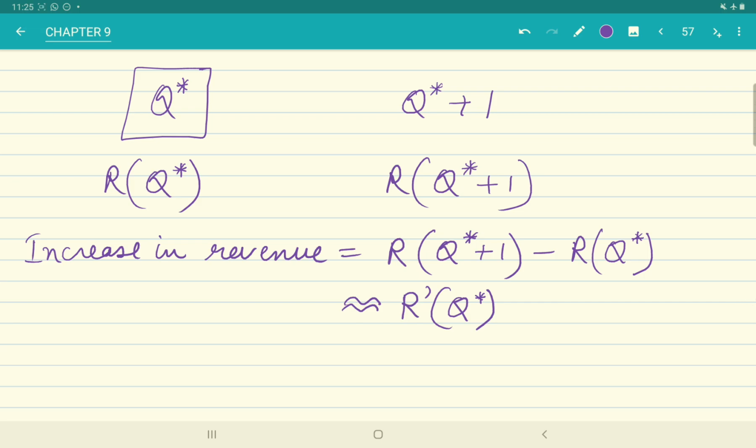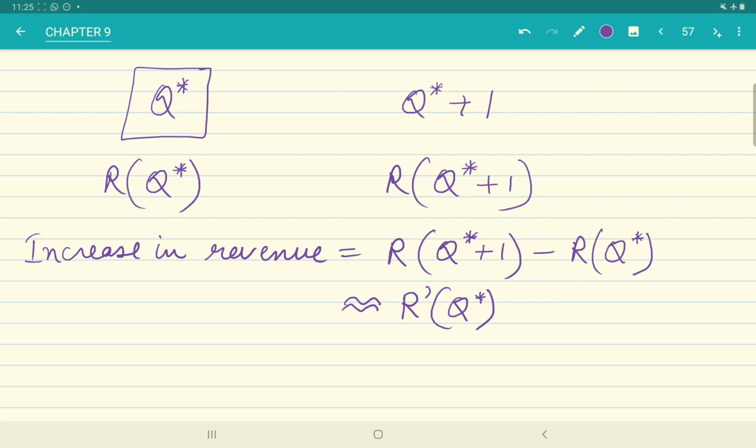What is the change? It's the change in the revenue for an infinitesimal change in q*. If we have large production, then if you increase production by 1 unit, that's approximately equal to what we call an infinitesimal increase.